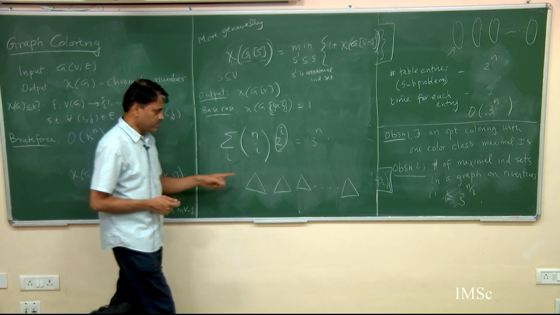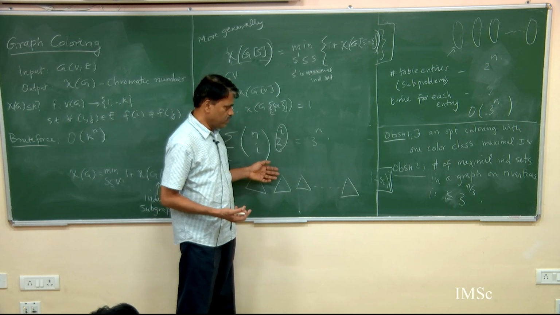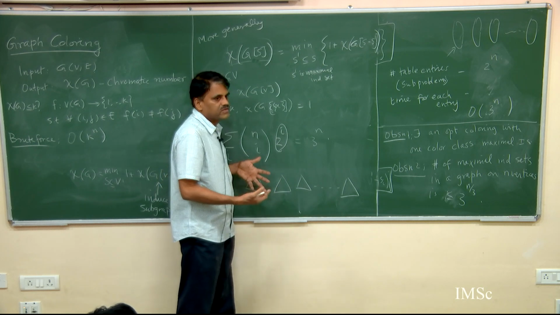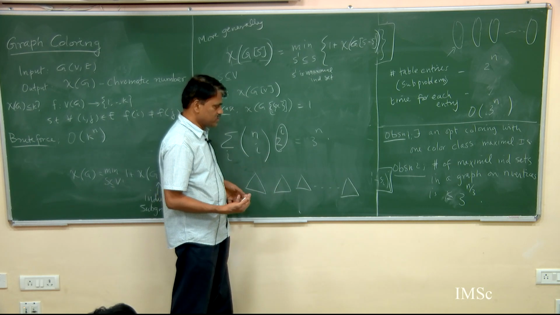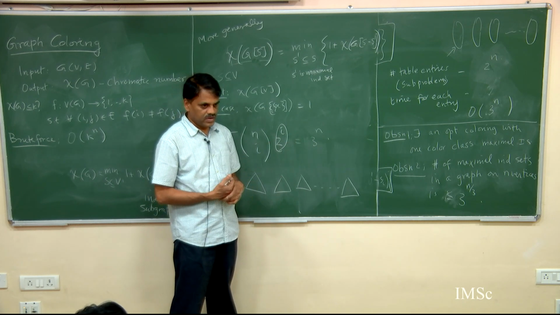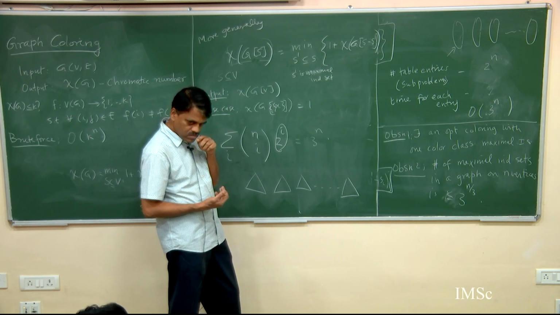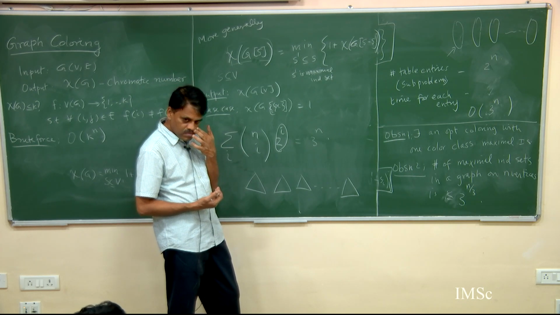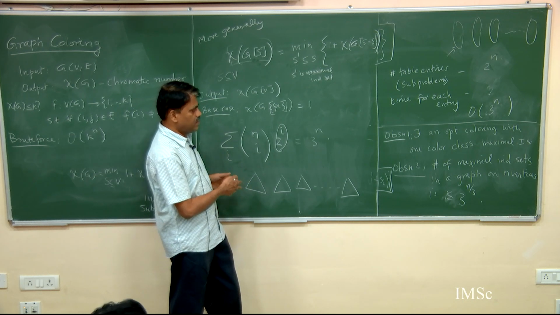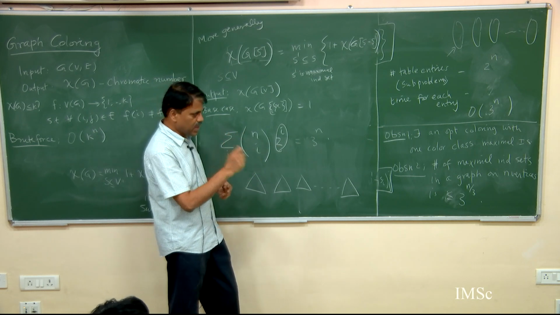You pick one vertex from here, one vertex from here, one vertex from here, any of them. You can't omit any; you have to pick exactly one from each, because if you didn't, that's not maximal. There are 3 choices for each of the n by 3 triangles, giving 3 power n by 3. No, this is one example where this is achievable. That does not prove that this is the maximum, I agree. So, that requires an argument.